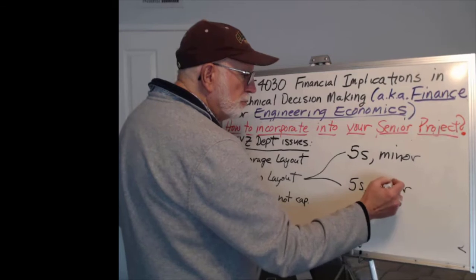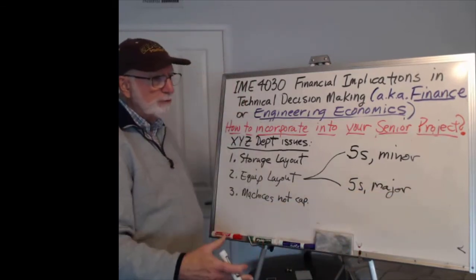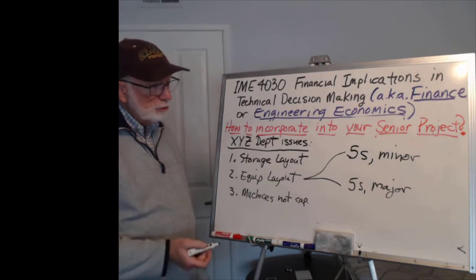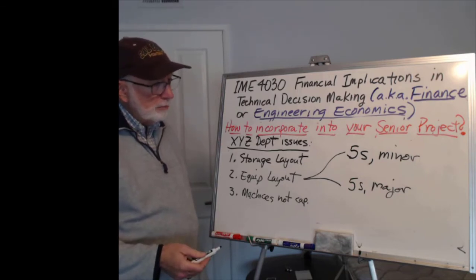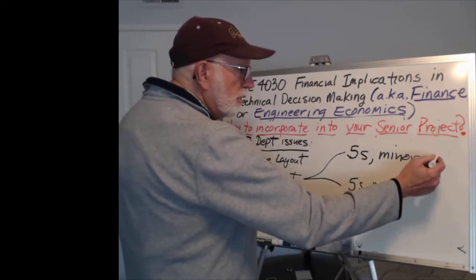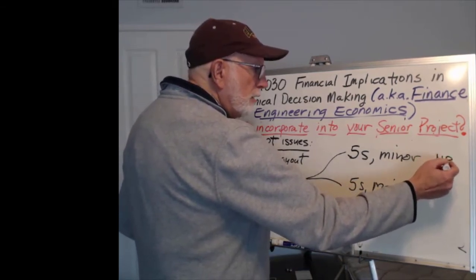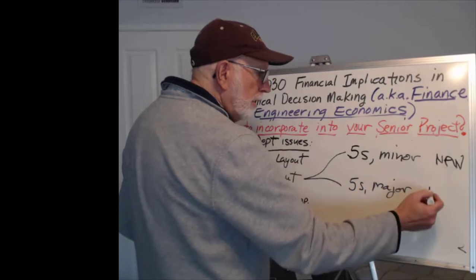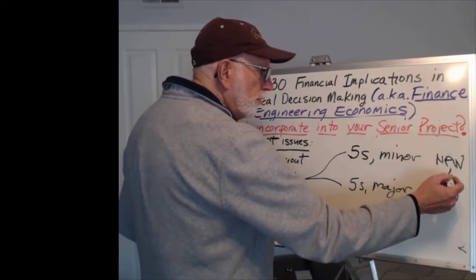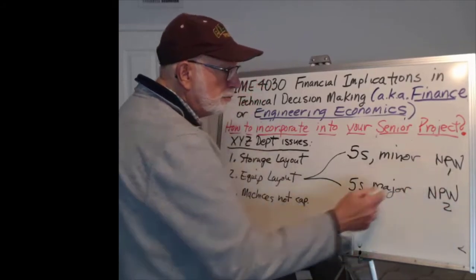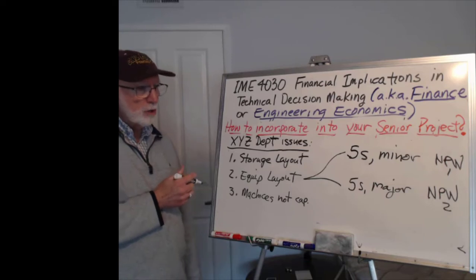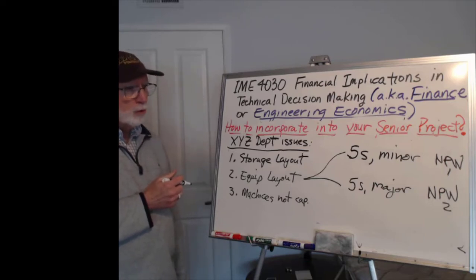And this might be more expensive because of the cost of putting in footings, moving heavy equipment, who knows, or maybe even expanding. But you'll have these two costs, and again, you make your cash flow diagrams and calculate the net present worth for each one, and probably the one that has the highest net present worth would be the one that you want to do.